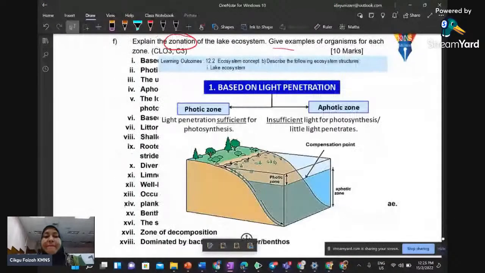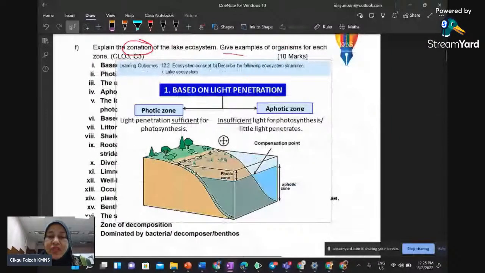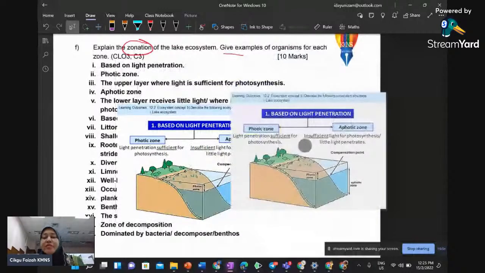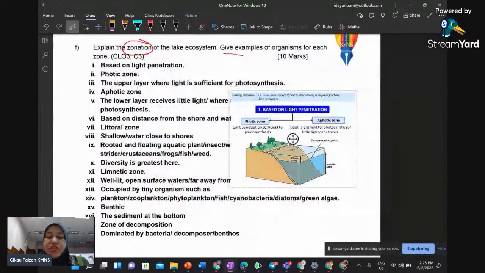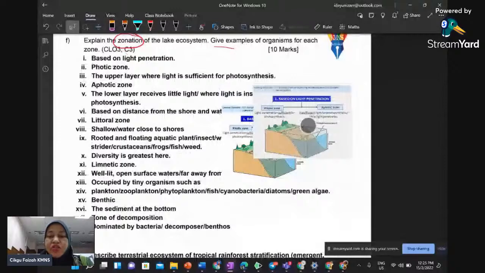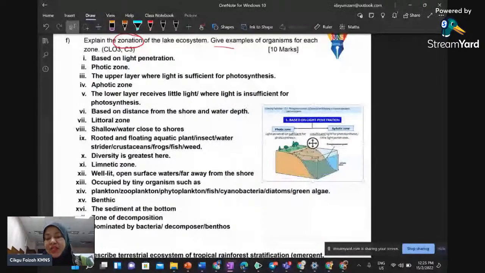Jadi you all boleh tengok kat sini, class, how this diagram, right? Okay, so from this diagram you all boleh elaborate using your own sentence. So you need to have 10 points, 10 markah. Okay, so what are the 10 points?